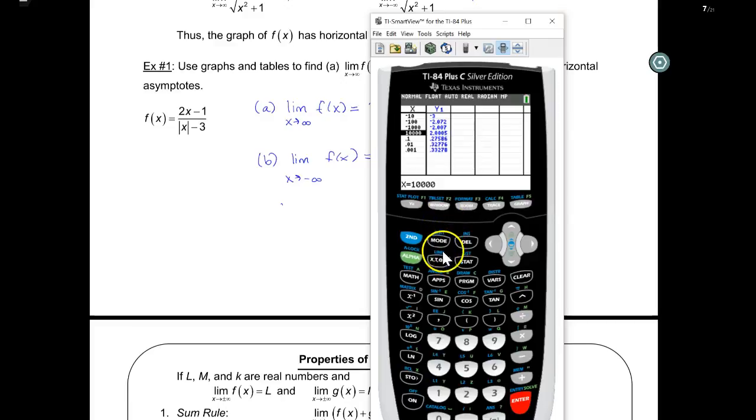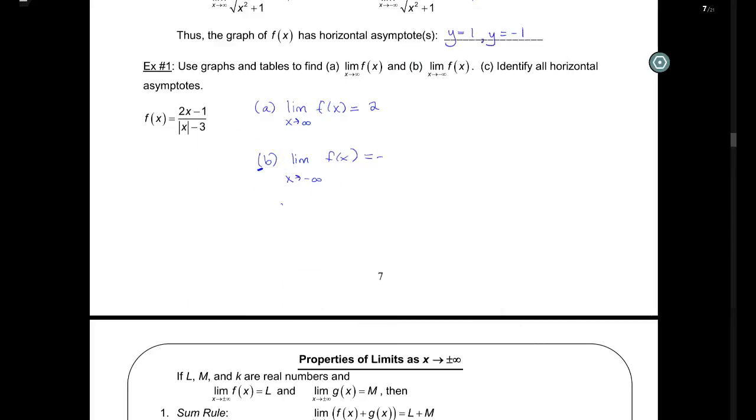We could see pretty much the same things happening, but instead of positive 2, we get negative 2. Now, because when we took a limit as x approaches infinity or negative infinity, and we got a real number, that makes these two your asymptotes. So y equals 2 and negative 2 are your horizontal asymptotes, based on that.